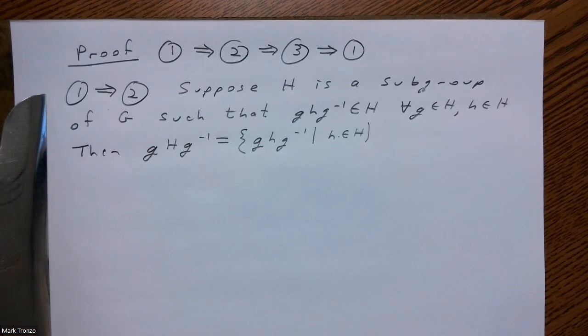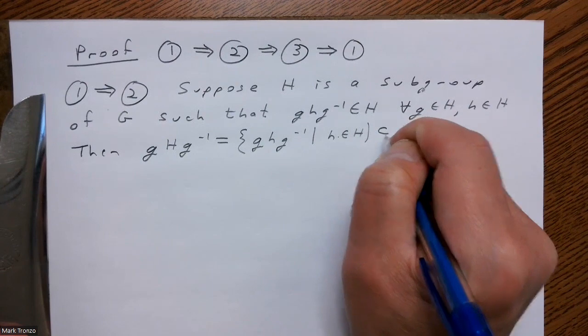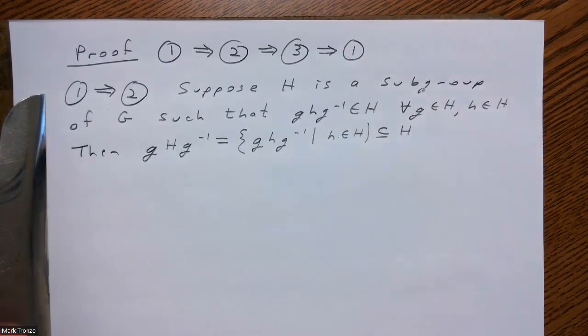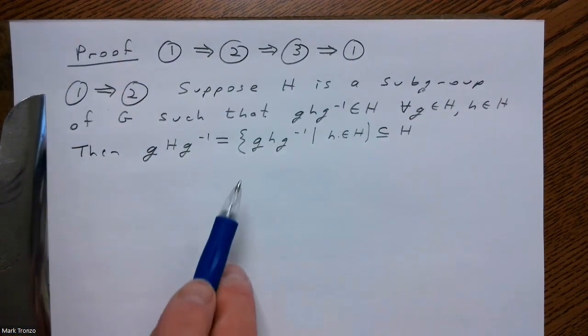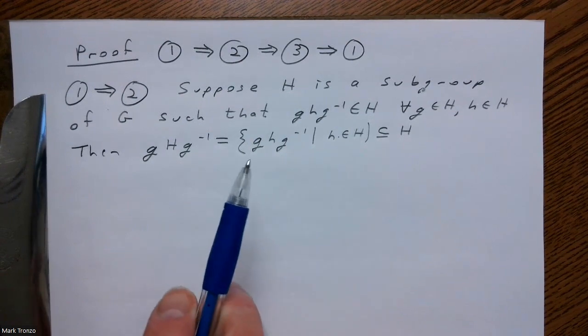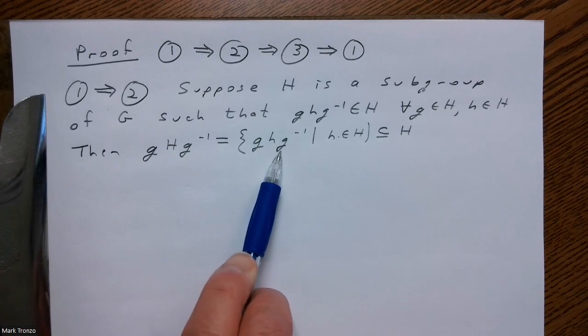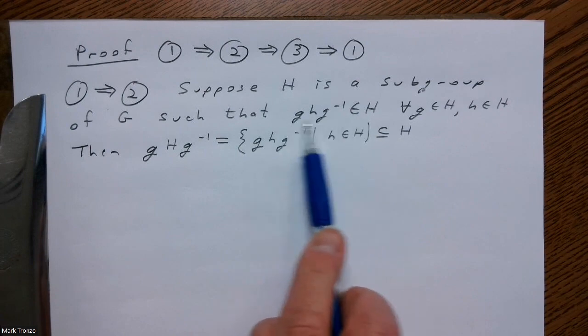Now, what does this mean? Then this implies that this set here is going to be a subset of H. Because if we take ghg inverse, well, actually, we've set it up here.